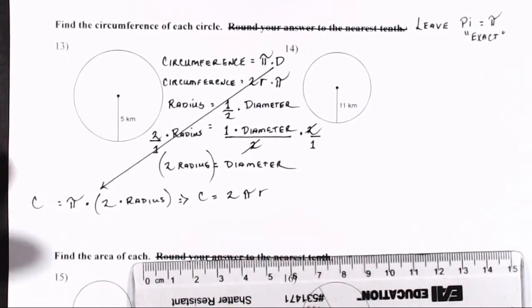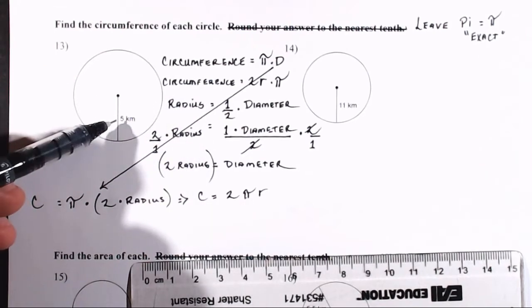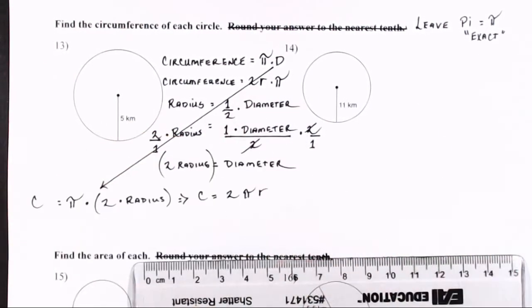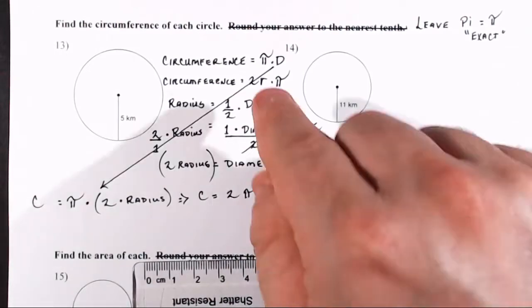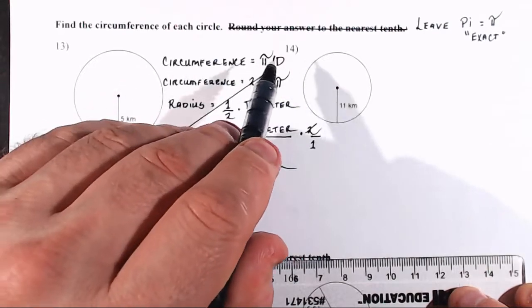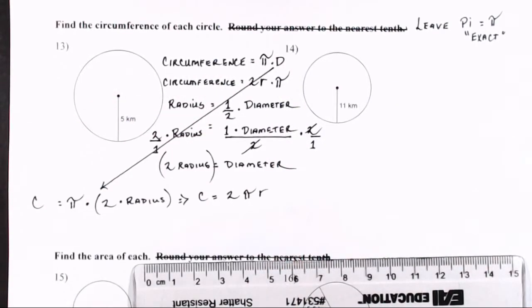But if all you can remember is pi times the diameter, then it's useful to know how to move between these two formulas, 2 pi r and pi times the diameter. You now know how to move from one formula to the other.